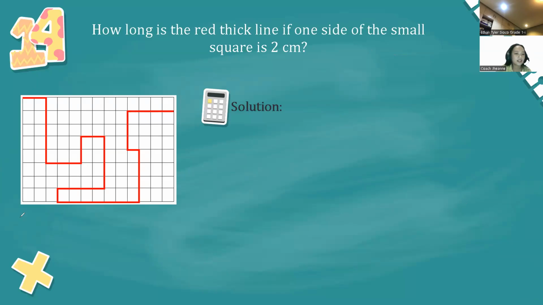How long is the red thick line if one side of the small square is 2 cm? The first thing that we're going to do is to count how many sides of the square has the red line.